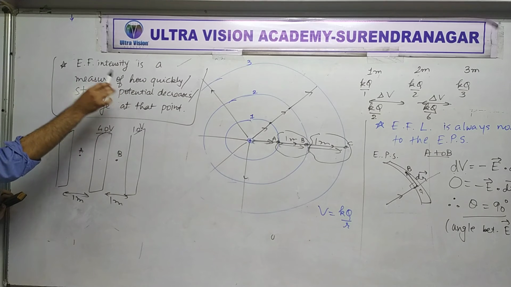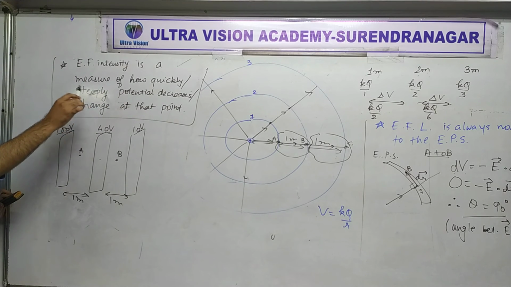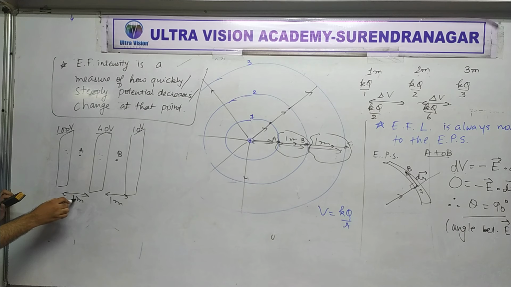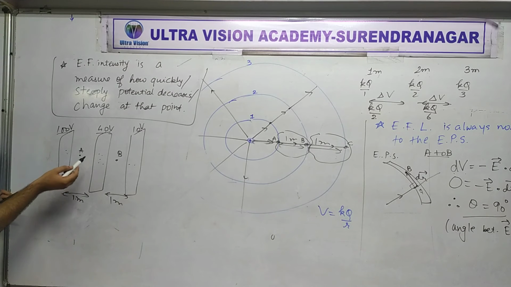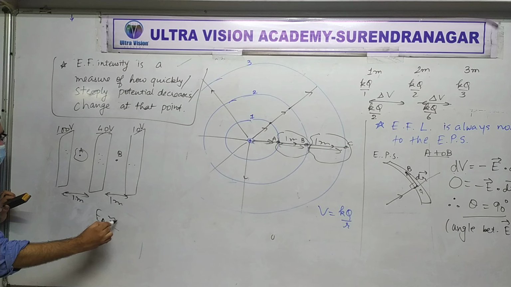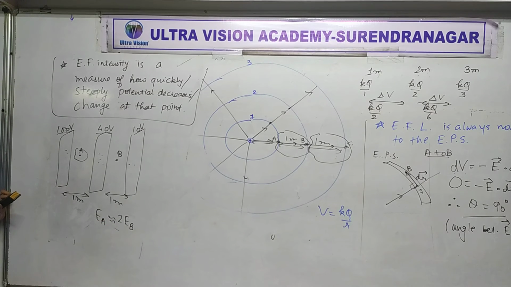Again, electric field intensity is a measure of how quickly or how steeply potential decreases or changes. So here it changes from 100 to 40 or decreases by 60, yes or no, in 1 meter. But over here in 1 meter it only changes by 30. So you can say roughly speaking, approximately, electric field at A will be nearly on an average twice the electric field at B. Do you understand?